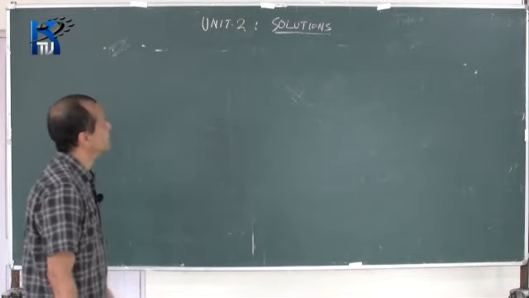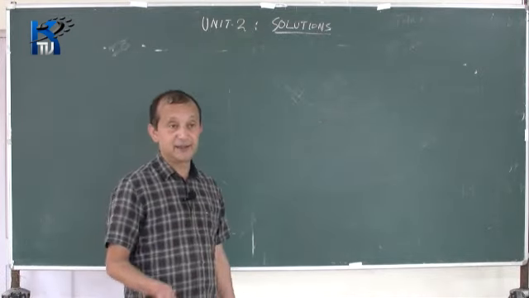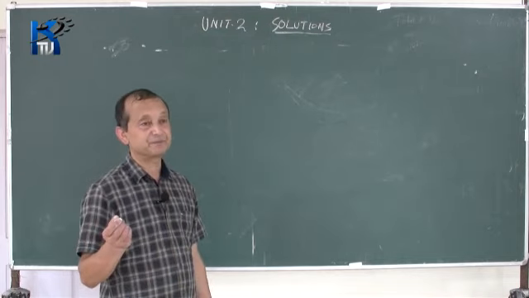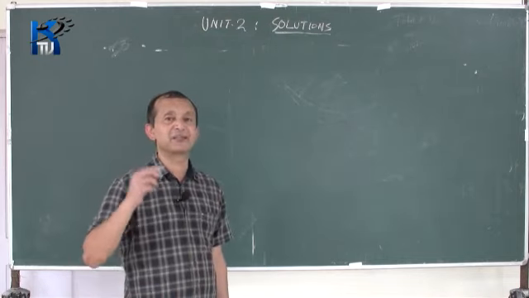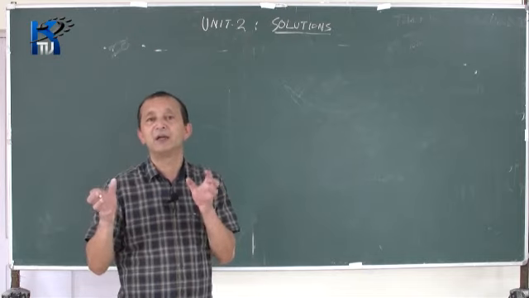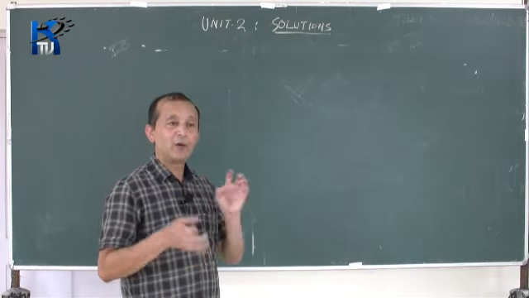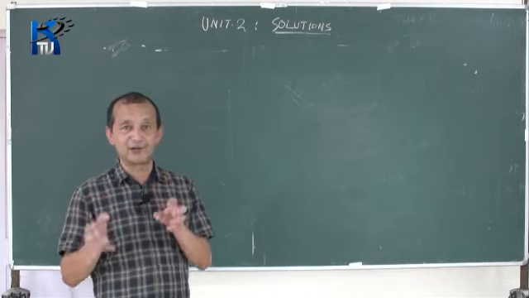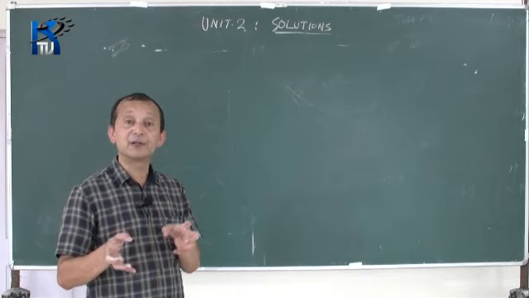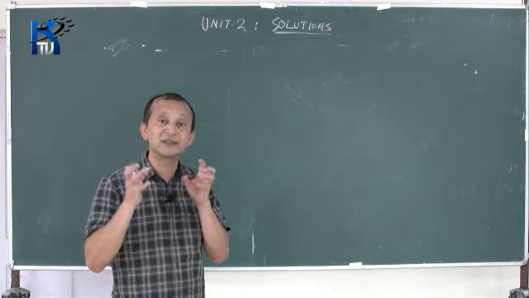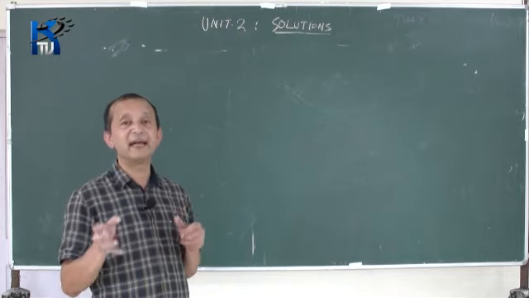Now in the next explanation, we're trying to explain why some solutions behave as ideal solutions and why some solutions behave as non-ideal solutions, and why some show positive deviation and why some show negative deviation.